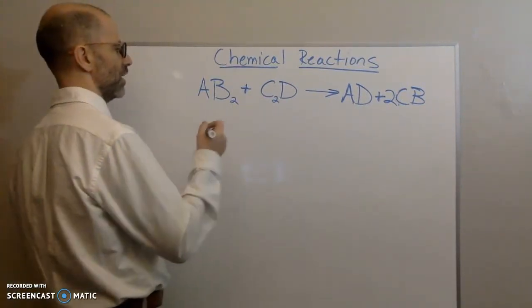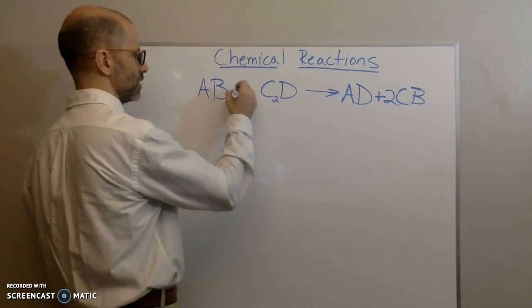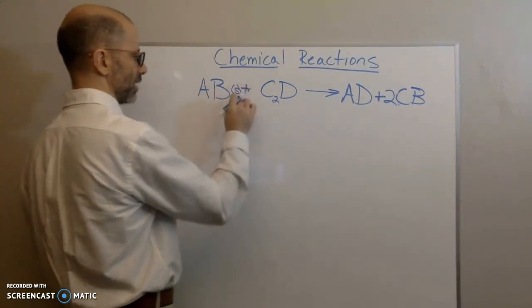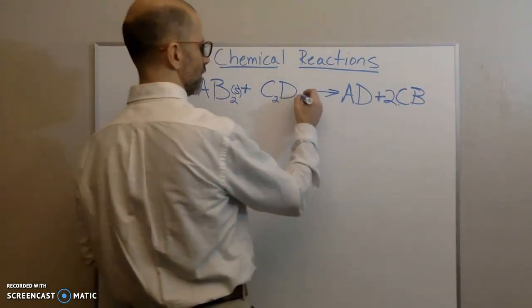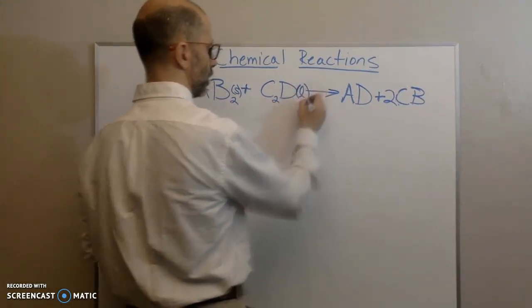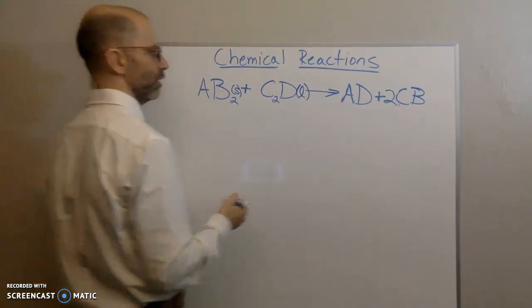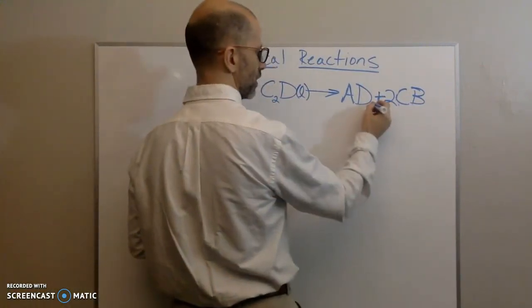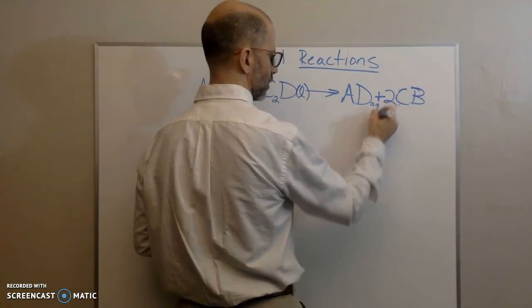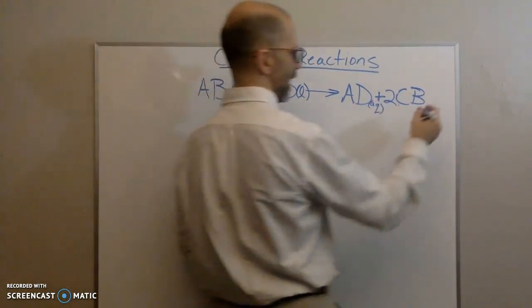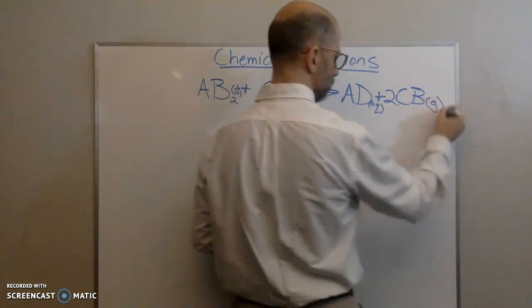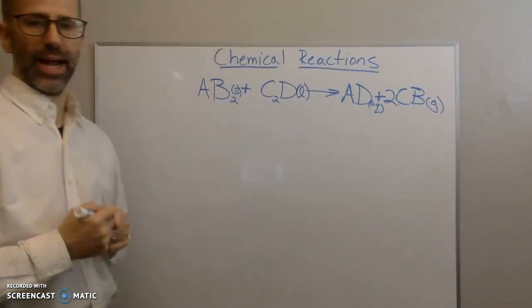So if it's a solid, that's going to be an S. If it's a liquid, then we're going to put an L for liquid. If it's aqueous, meaning dissolved in water, then we'll put aq. And of course, if it's a gas, we'll put G for gas.